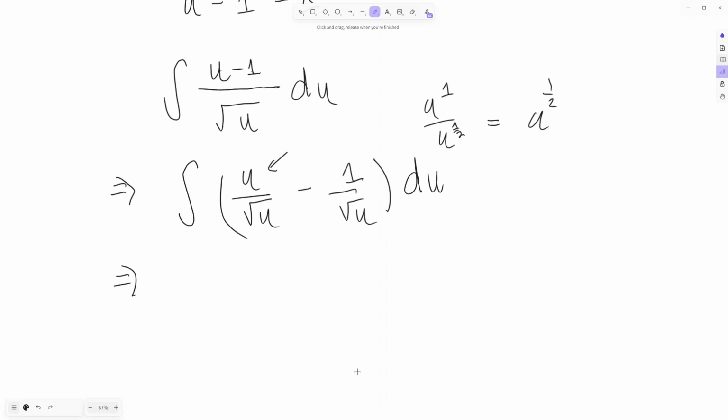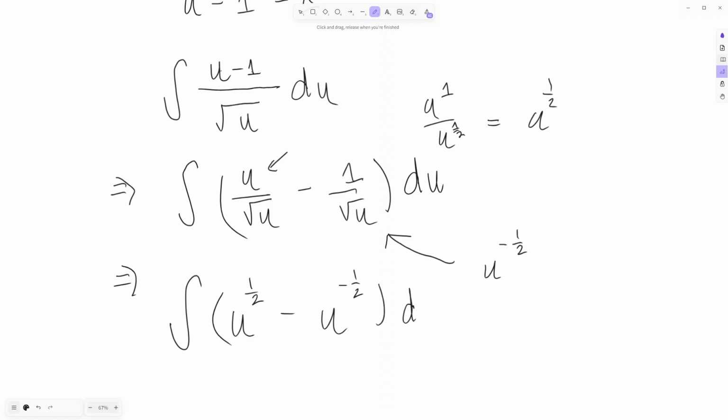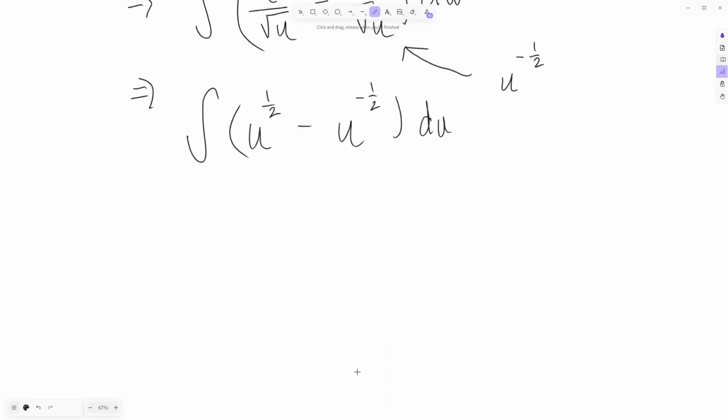Since 1 over the square root of u is u to the power of negative 1/2, when we rewrite that, we will have u to the power of 1/2 minus u to the power of negative 1/2, and that's all multiplied by du.